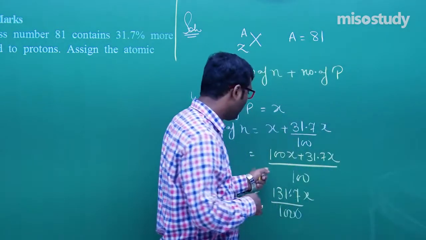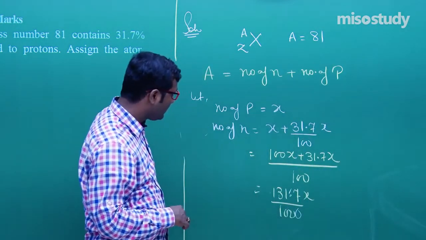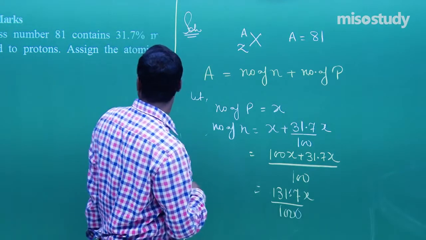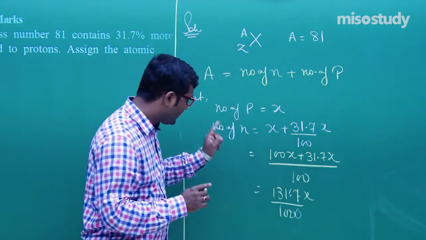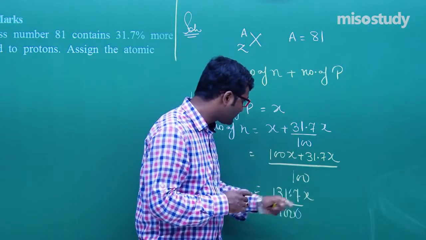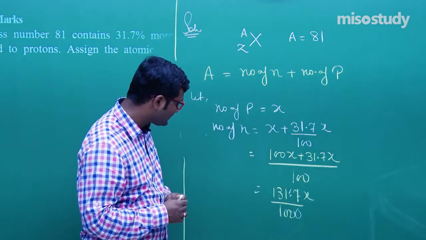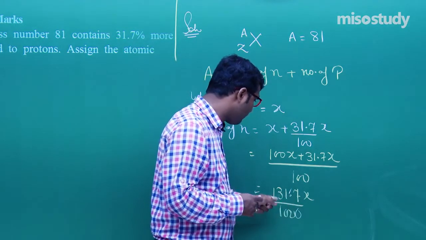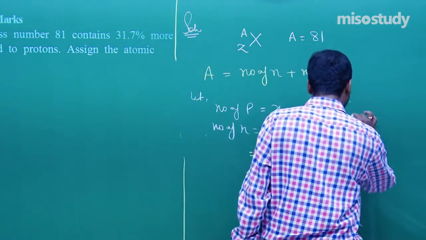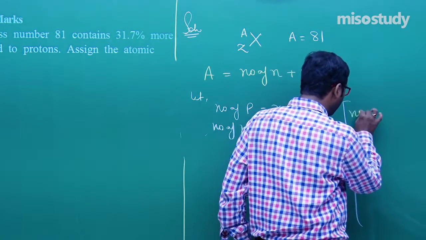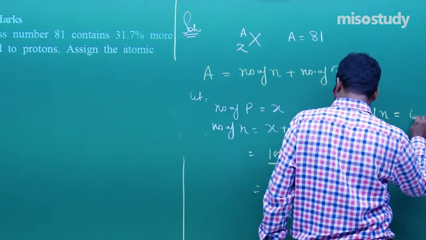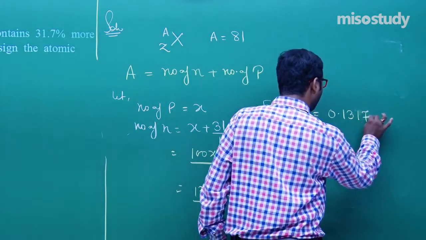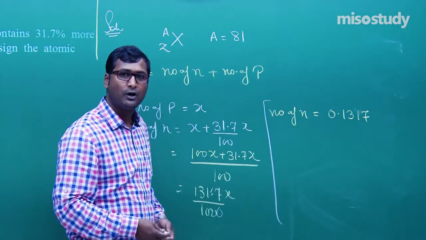Check it out one more thing. 100X plus 31.7X divided by 100, that is 131.7X upon 100. Number of neutrons is equal to 0.1317, this is the number of neutrons.